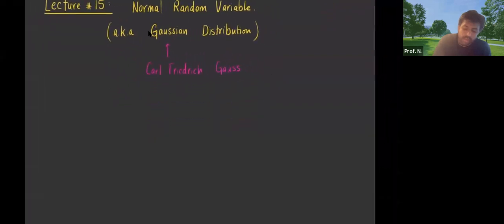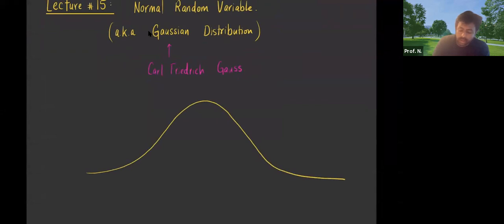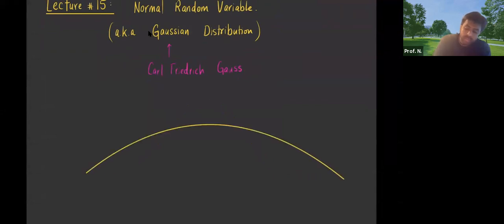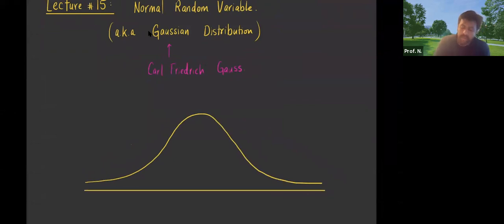So I think many of you may have seen this already. But the first thing that's very striking about the distribution here is the symmetry behind it. It's a very nice symmetry. They call this a bell-shaped curve.